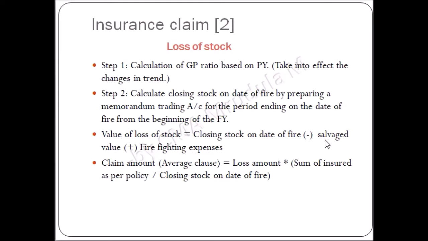Salvaged value is the value of the stock that was saved during the calamity and not being damaged, plus any firefighting expenses that was spent during the calamity. And finally, the claim amount is equal to the loss amount as determined in step 3 into the sum insured as per the policy divided by the closing stock on date of fire.